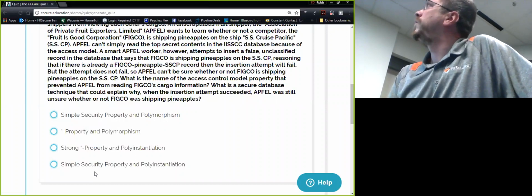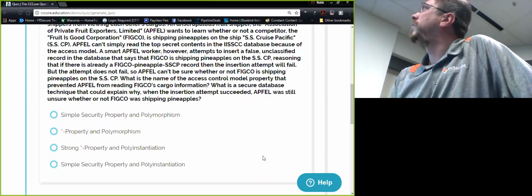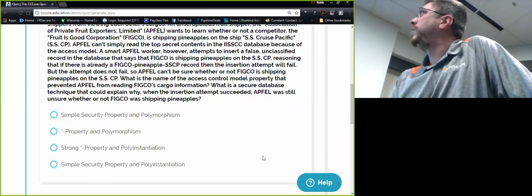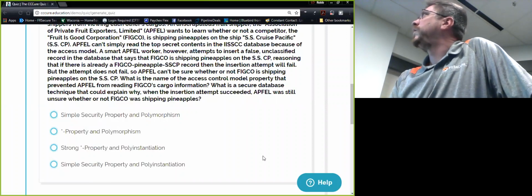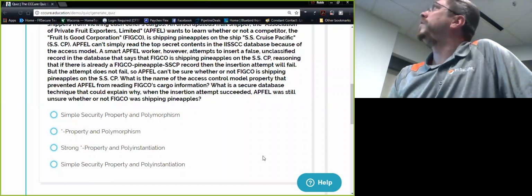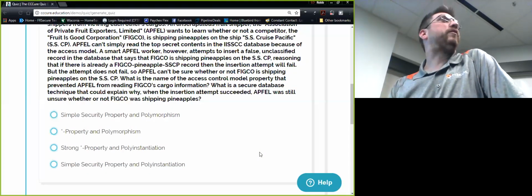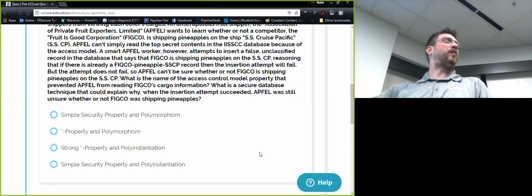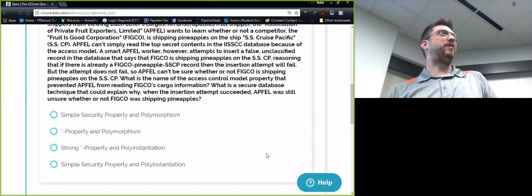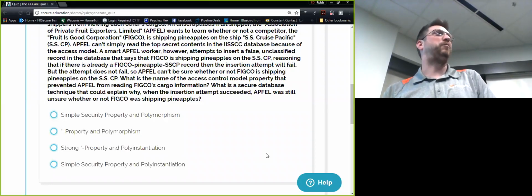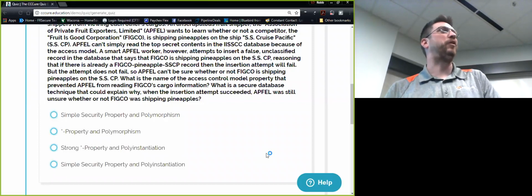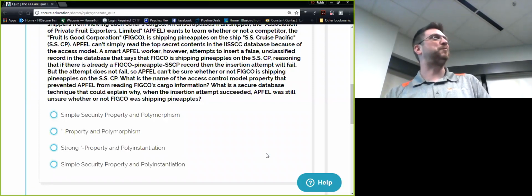What is the access control about here? Right, but it says they're using the same shipping company, so this information is in the same database. If they try to ship at the same time, they want to know what their competitors are shipping.